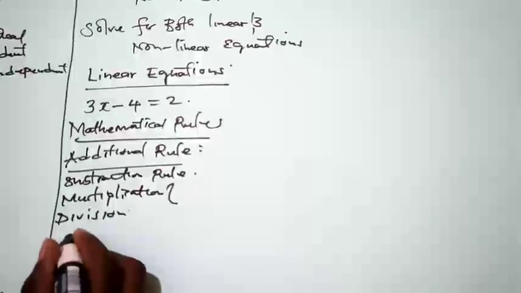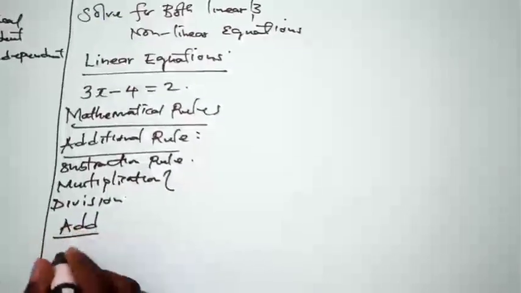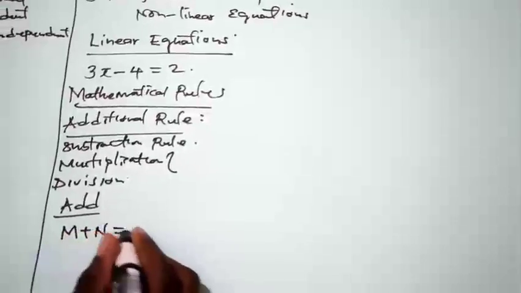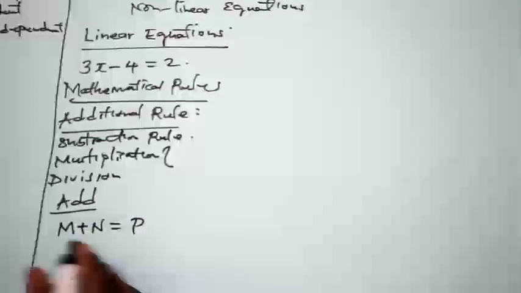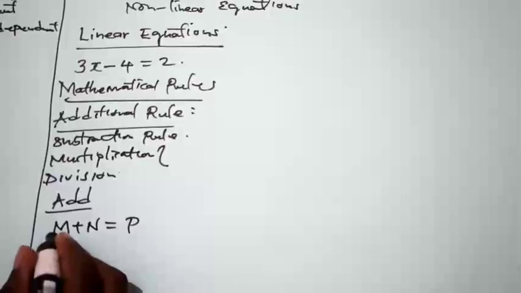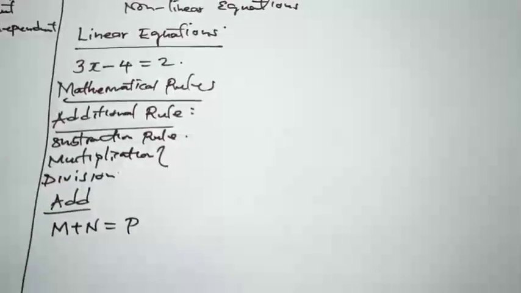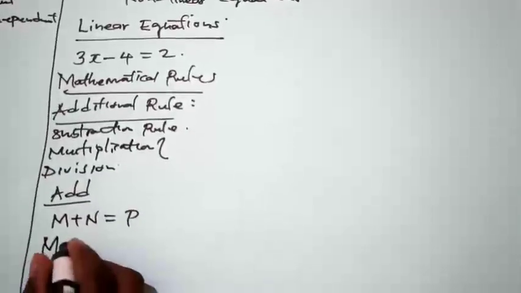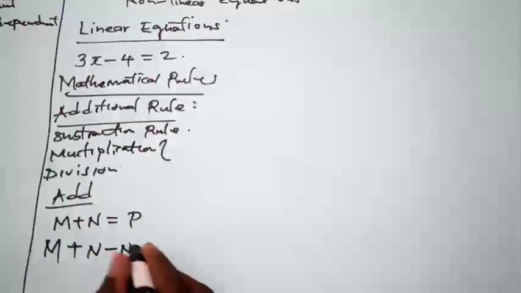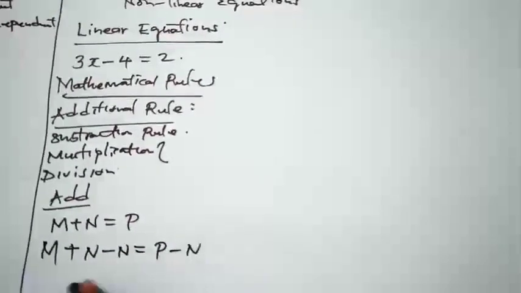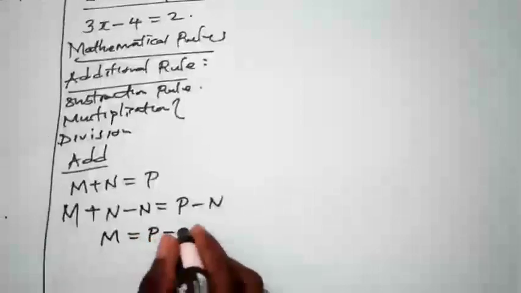In the case of the addition rule, we're talking about m plus n equals maybe p. In this case, we can say this is the addition form. So m plus n minus n equals p minus n. So m can be expressed in the form of p minus n.